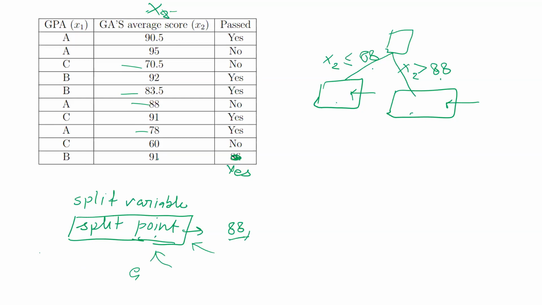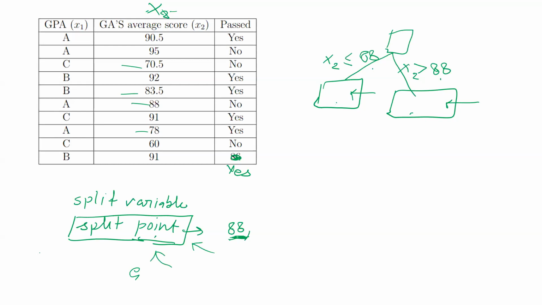So for all the values mentioned here, like 90.5, 95, 70.5, I need to check? Yes. For every possible value, you have to check the Gini index, and for whichever it is minimum, you will choose that as the split point. Assume 88; I'm assuming only 88. You can do it for every possible value and check for which it is minimum.